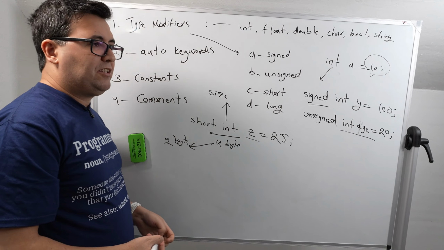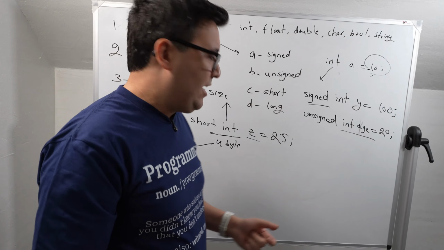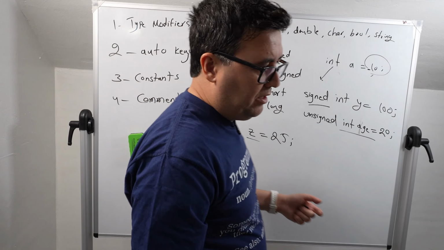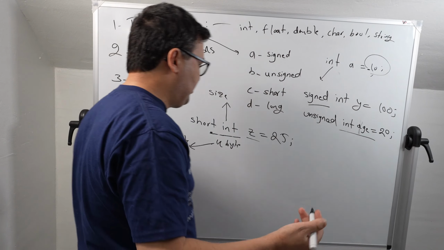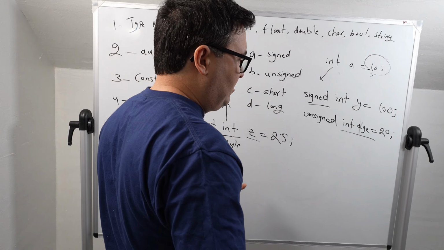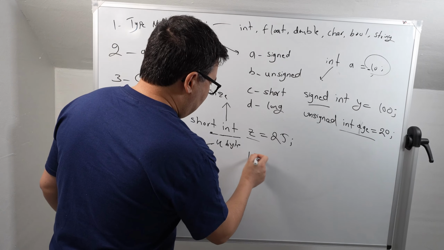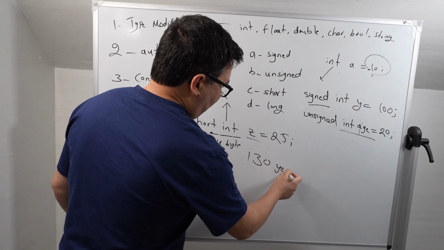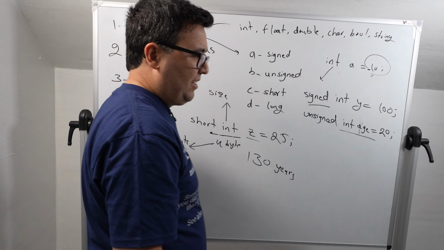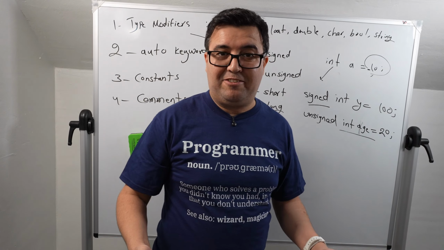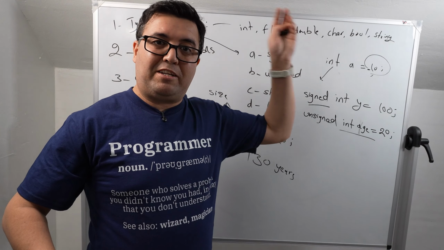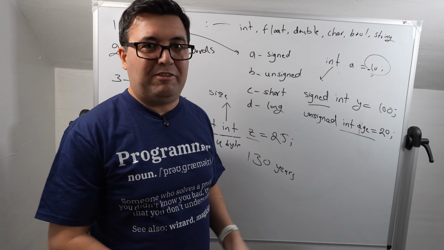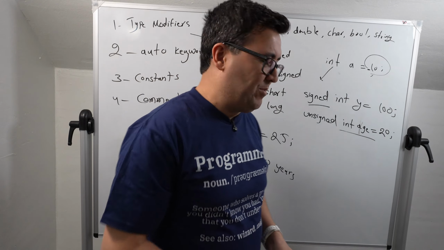Take age: the oldest person now is maybe 130 years old, or 120 or 110 or 105. We don't have someone whose age is 2008, such a big number.